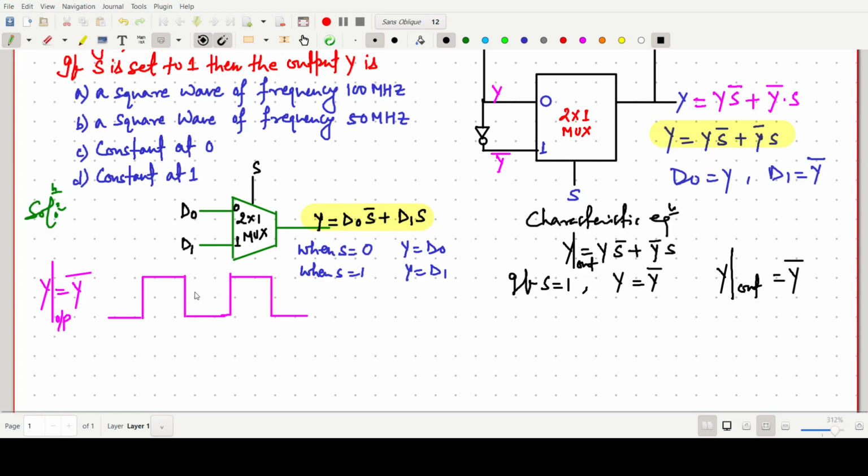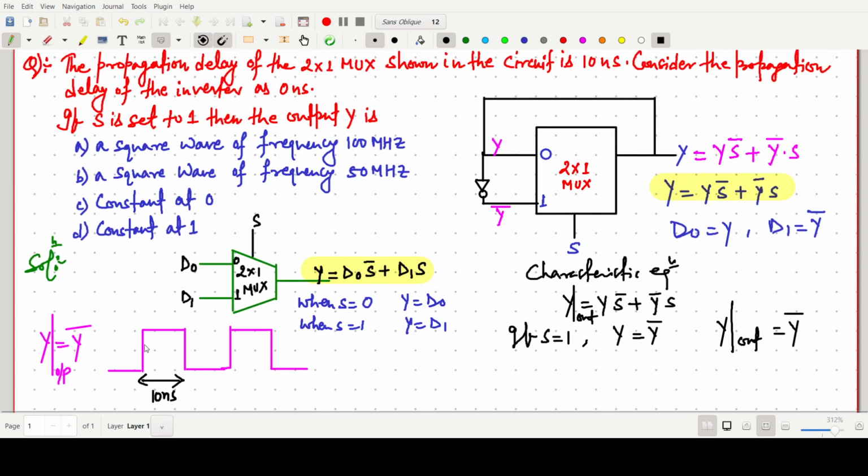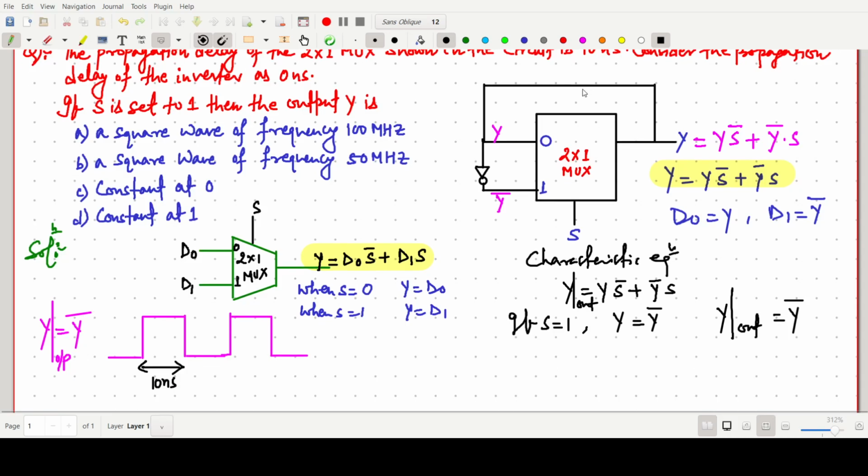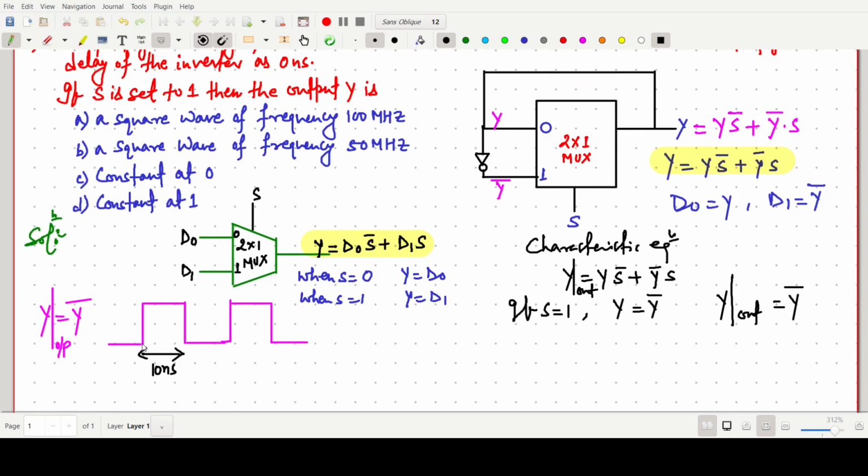Now it is also given that the propagation delay of the mux is 10 nanosecond. When the output goes from 0 to 1, it will take 10 nanosecond, and again for the 1 to 0 transition, it will take 10 nanosecond.